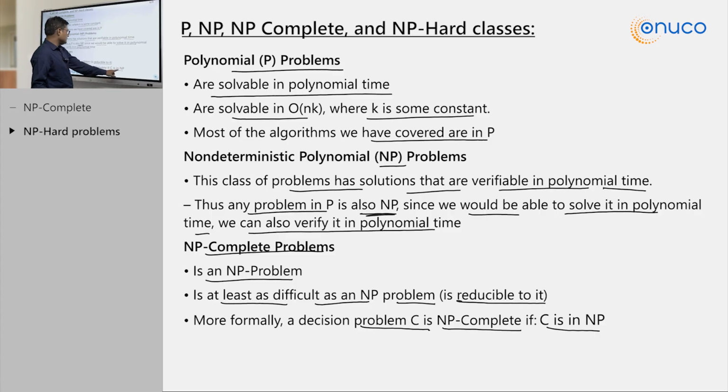If it is in NP, then there is a chance it is NP complete as well. So the first condition is that the problem must be part of NP, non-deterministic polynomial. Then you look at whether that problem is really difficult, whether it will take a lesser or a greater amount of time. Those are the scenarios we need to discuss.